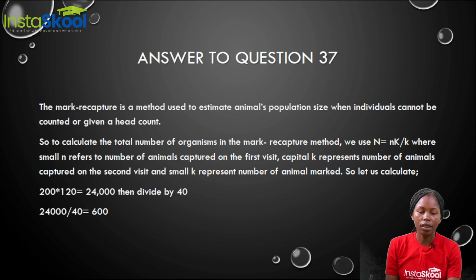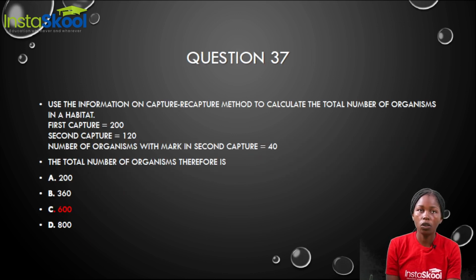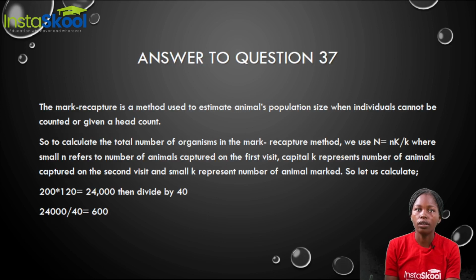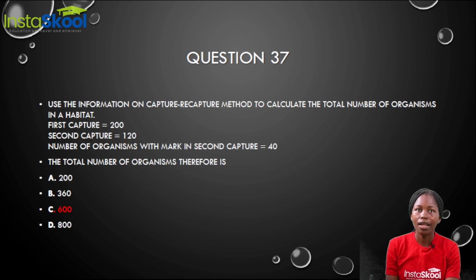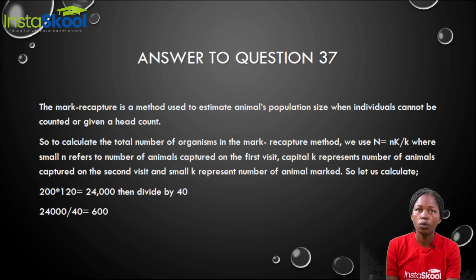Now let us calculate. When we say the number of animals captured on the first visit, we are talking about 200. Now what of capital K, the number of animals captured on the second visit? That's 120. So when we multiply these two, we get 24,000.